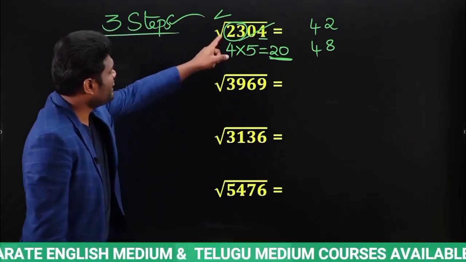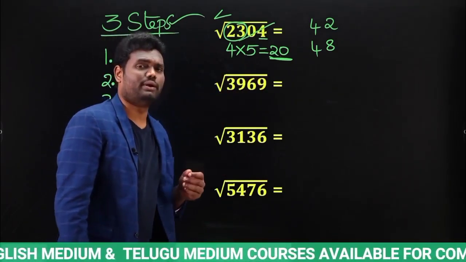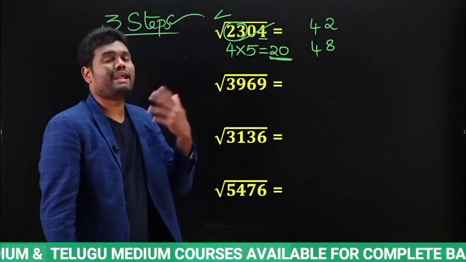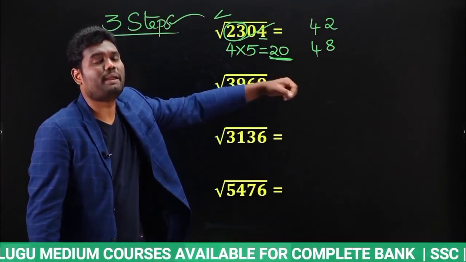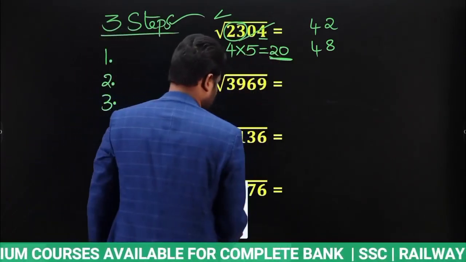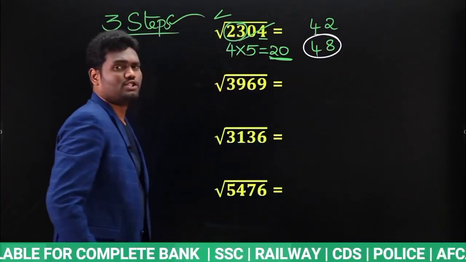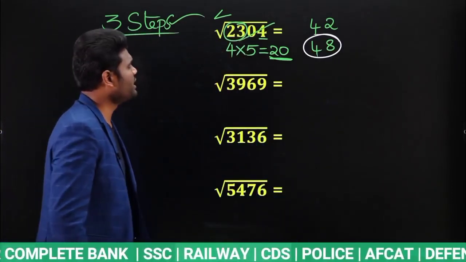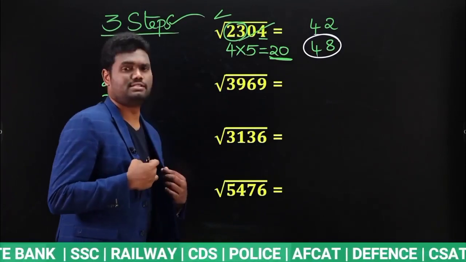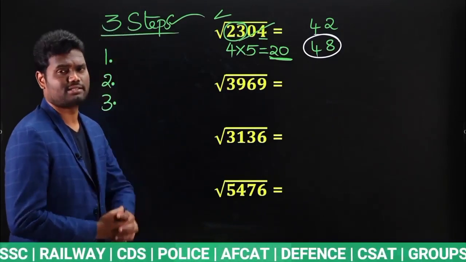Now look here, is 23 less than 20 or greater than 20? Greater than. As it is a bigger value, our square should be a bigger square. So bigger square means the answer is 48. Is that clear? So 48 square is how much? 2304. It is going to be our answer.